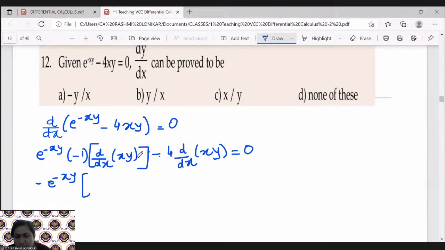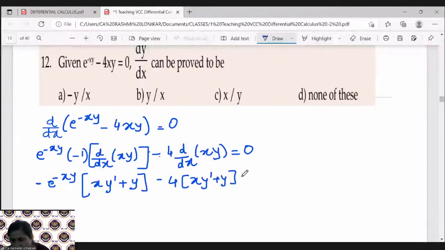And what is the derivative of xy? It is first function into derivative of second plus second function into derivative of first. So this is x into y dash plus y into derivative of x, and the derivative of x is 1. Minus 4, same thing: x into y dash plus y is equal to 0.